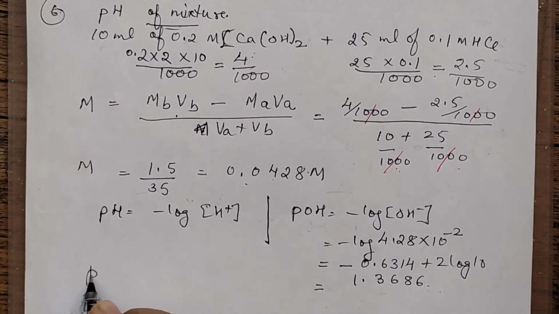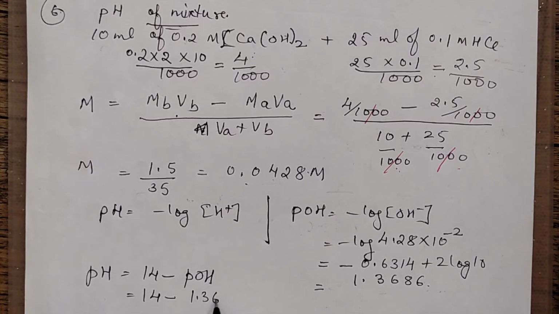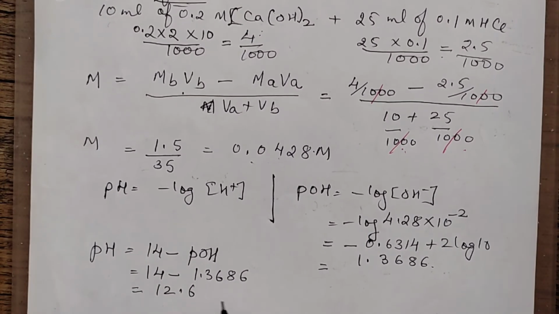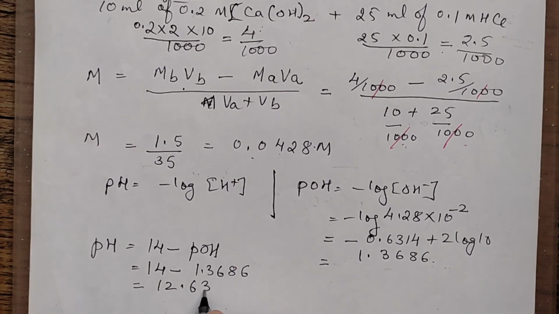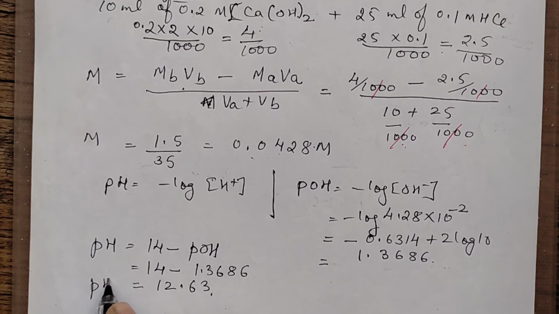Then we are asked to calculate pH for it. pH will be equal to 14 minus pOH, that is 14 minus 1.3686. Taking this roughly as 1.37 and rounding up, you get the answer as 12.63. So this is the answer for the pH.